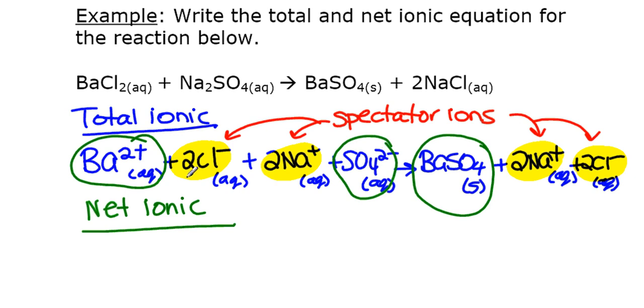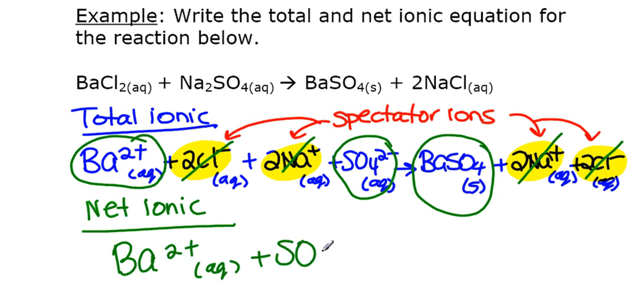We can cancel out those spectator ions from both sides, and we're only left with the ions that go into making our solid. So we've got barium, sulfate, and then we get barium sulfate solid.